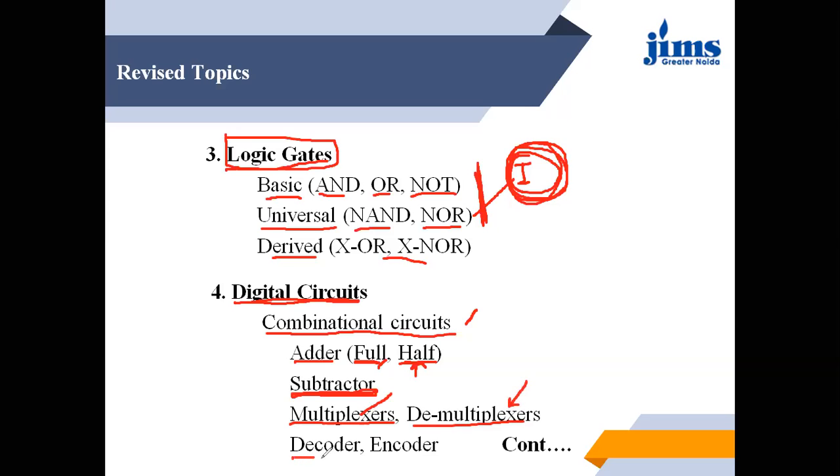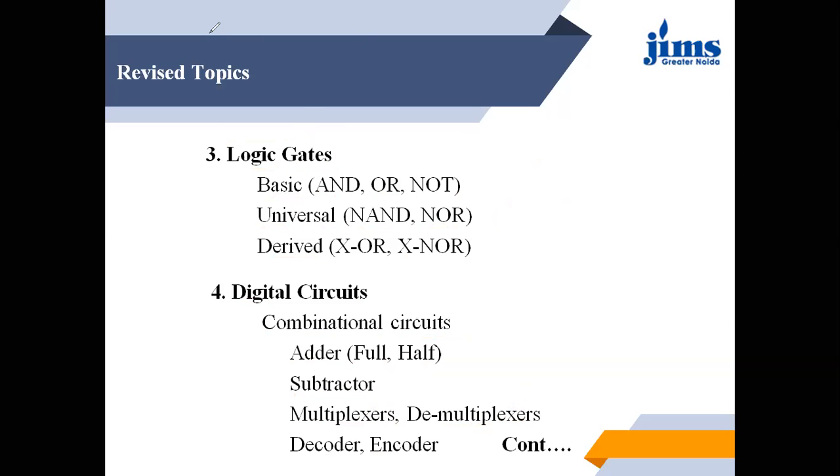Then we studied in combinational circuits about the decoder and encoder, where there is more than one input and more than one output. So in combinational circuits, we discuss adder, subtractor, multiplexer, demultiplexer, decoder, and encoder.